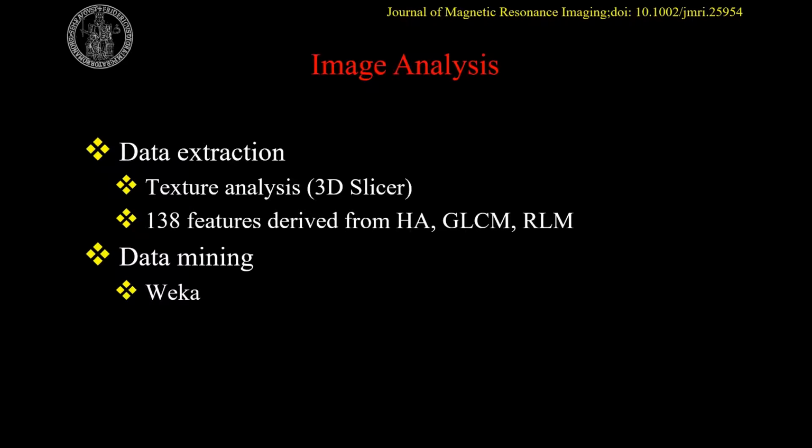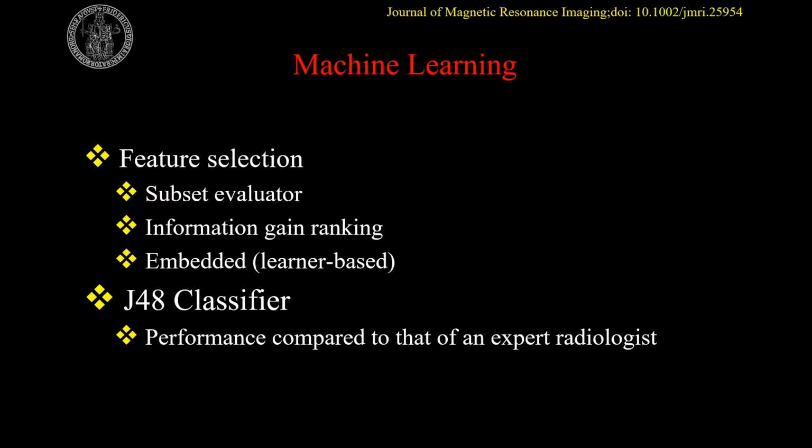Subsequently, exams and the regions of interest were imported in a second software, 3D Slicer, that was used for texture analysis data extraction. In all, 138 features, including those derived from histogram analysis and gray-level co-occurrence and run-length matrices, were obtained. The dataset that was then created was further analyzed on a freely available data mining software called Weka.